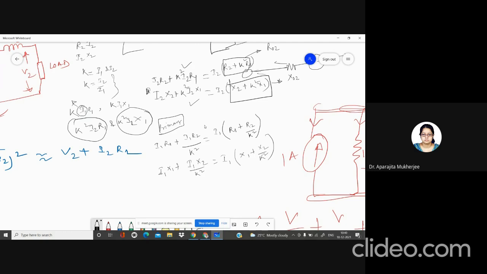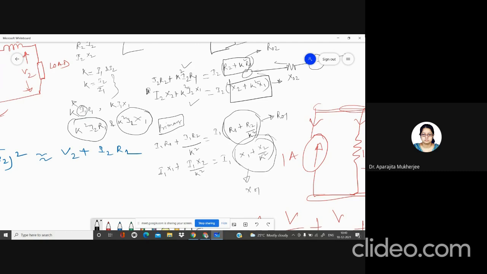So that is the referred to primary side, and we can mention this is our R01, this is our X01, as because this is the primary, and if we consider primary as 1, then the equivalent resistance and reactance, that is R1 plus R2 by k square and X1 plus X2 by k square, are the equivalent resistance and reactance that is referred to the primary.